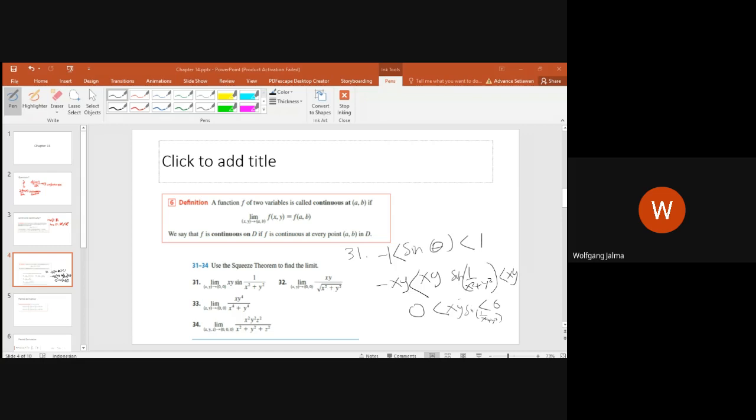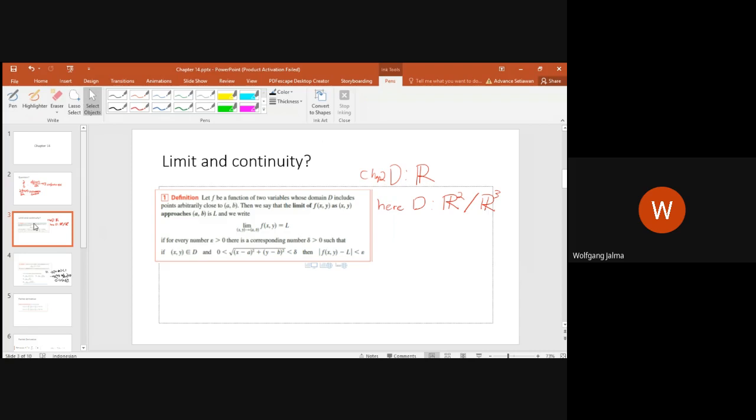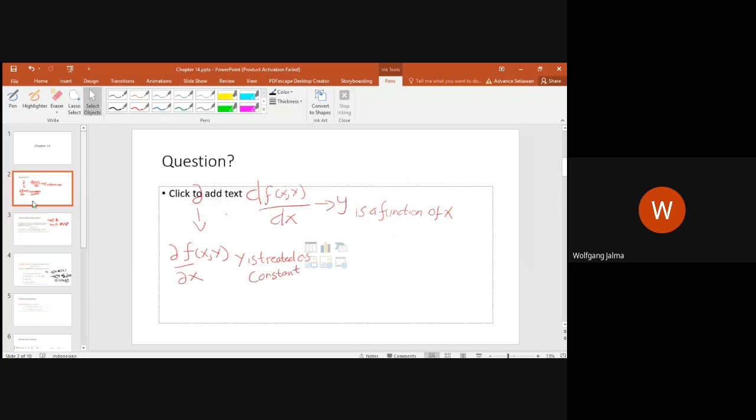Slide 2 and slide 3. Okay, wait a minute. Slide 2, basically, JK asked me what the difference is between the partial derivative and the normal derivative. The main difference is in the partial, for example here partial to x, every other variable, y, z, and anything must be treated as constant.